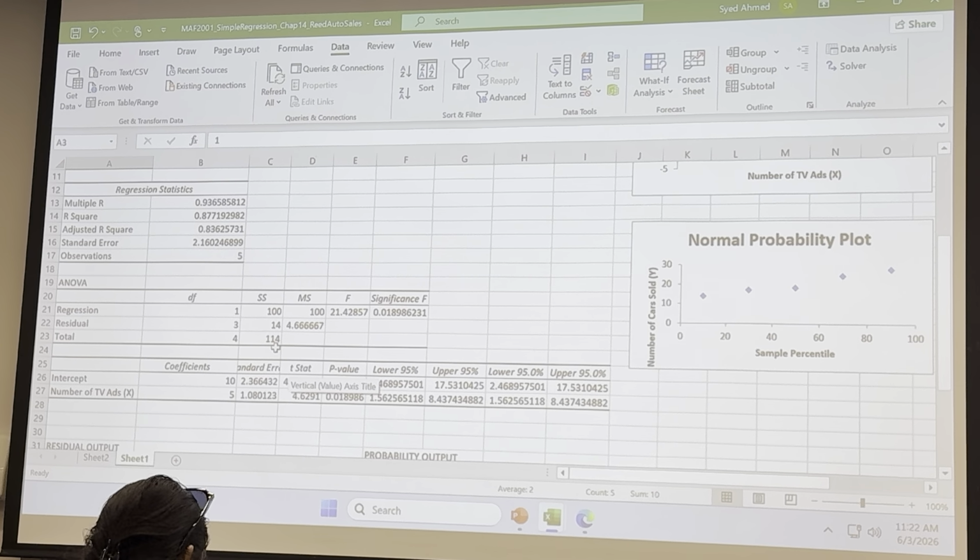Or in other words, I can say what percent of sales. So let's just do this. 100 over 114 is 0.8772. So I can say that 87.72% of the variation in sales is explained by the regression relationship with commercials.